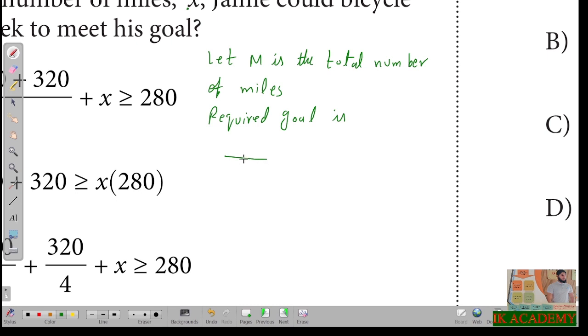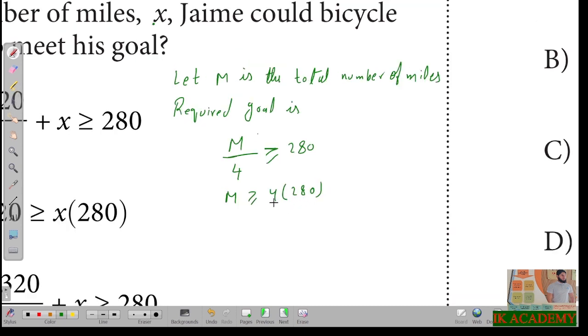So we have 4 weeks, so we can divide m by 4 weeks. It must be greater than or equal to, or at least equal to, 280 miles. So m will be greater than or equal to 4 into 280 miles.